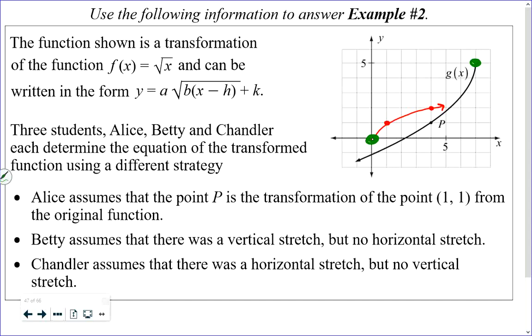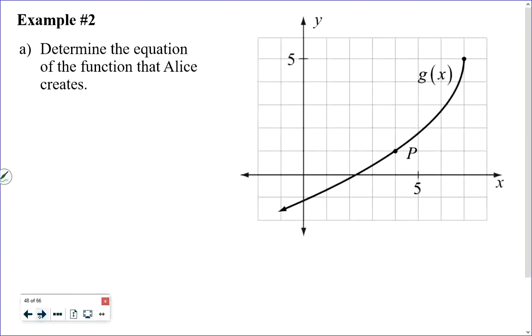And I know that many of you will probably say, well, how else could you approach it? Let's go through, we'll do Alice's work first, then we'll worry about Betty and Chandler. So Alice is assuming that this point P, which is at 4, 1, was the original point 1, 1.